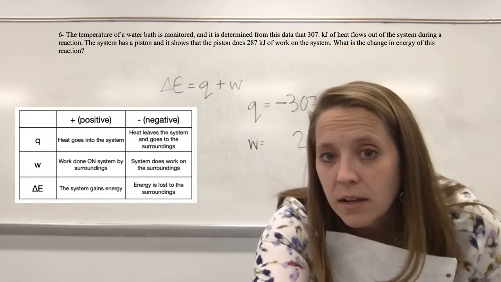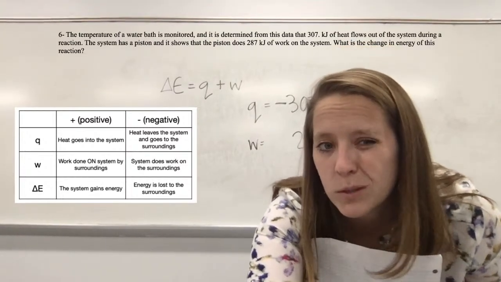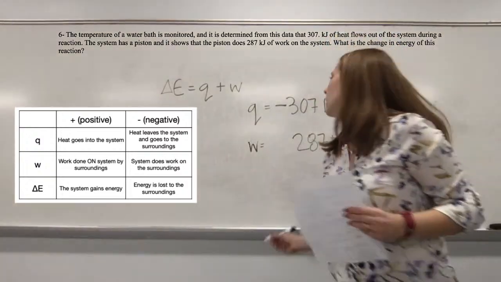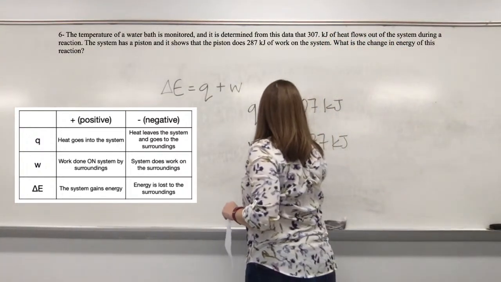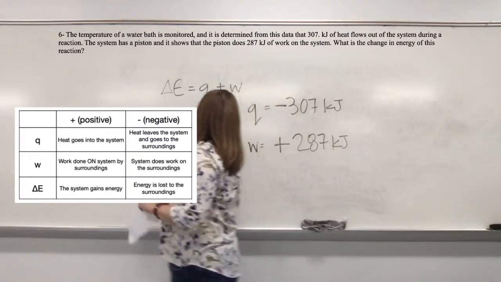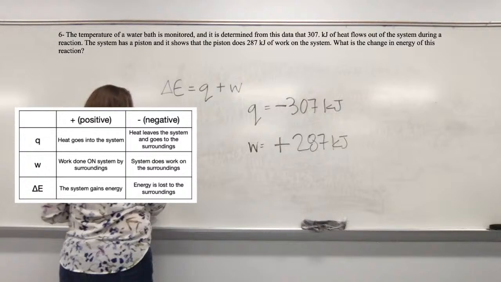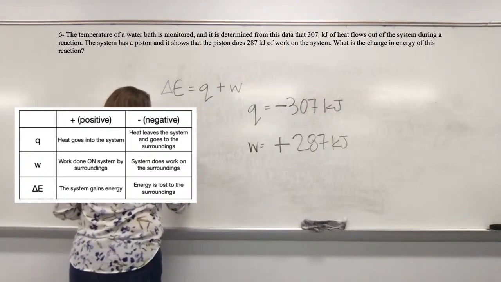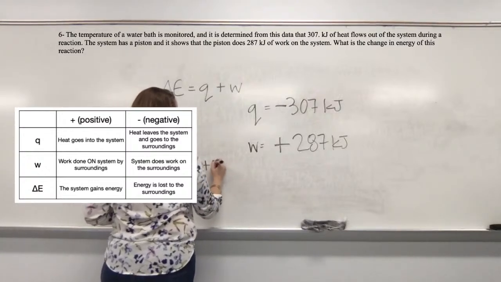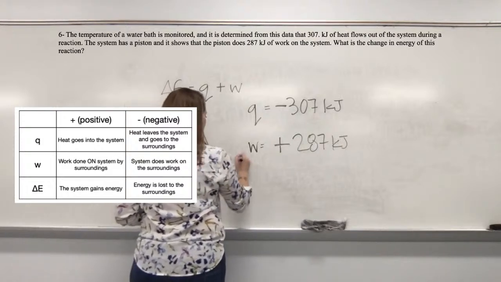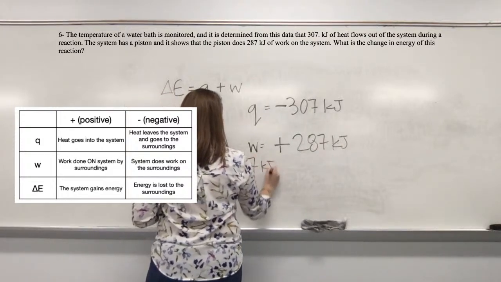So the piston does work on the system, so that makes it positive. So delta E in this case is going to be negative 307 plus positive 287 kilojoules.